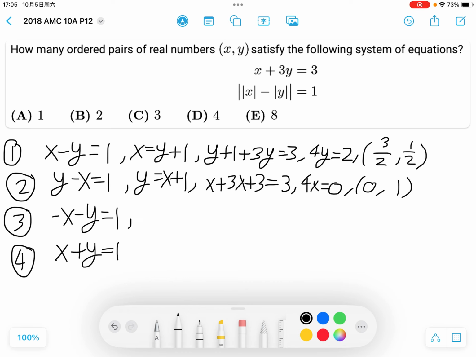Now what about negative x minus y equals 1? Firstly this tells us that negative x equals y plus 1.